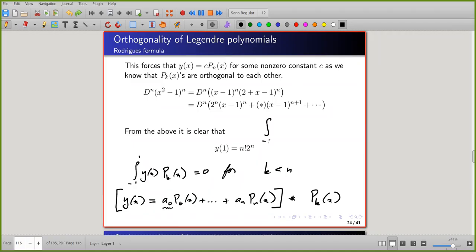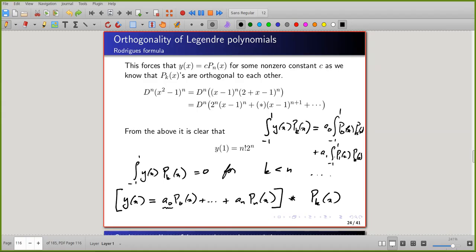I will multiply both sides with pk of x and I will integrate from minus 1 to 1. On the left hand side, I will get the integral of y of x pk of x, and on the right hand side, I will get a0 times the integral from minus 1 to 1 of p0 of x pk of x, plus a1 times the integral from minus 1 to 1 of p1 of x pk of x, and so on.